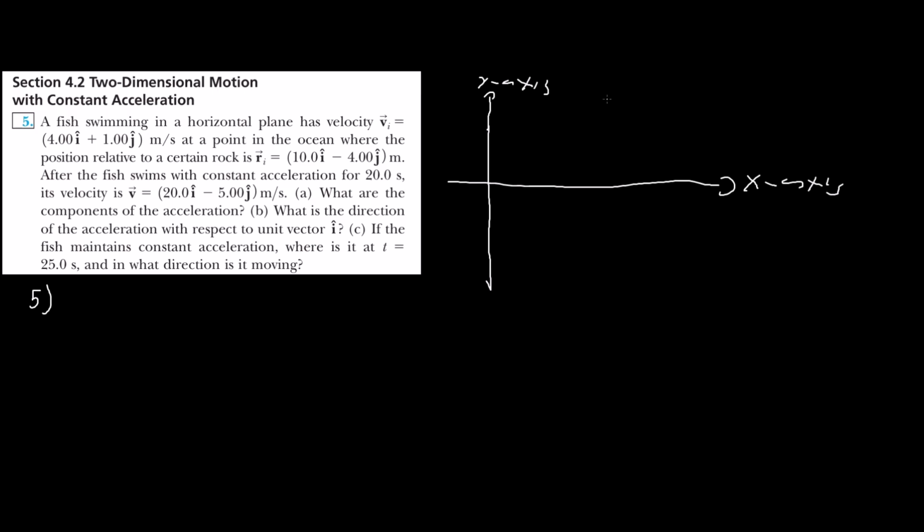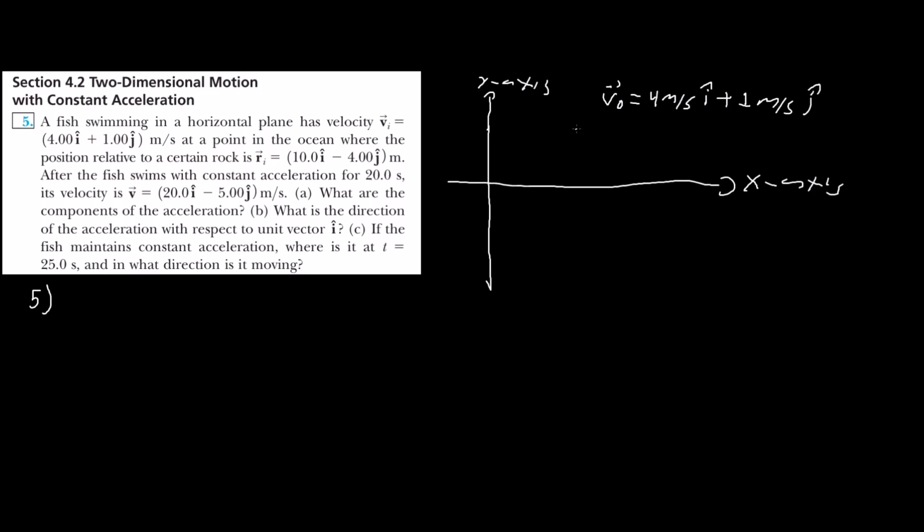So that means I'm going to rewrite this as the initial velocity of the fish is going to be 4 meters per second in the i hat direction, plus, in this case, 1 meter per second in the j hat direction.